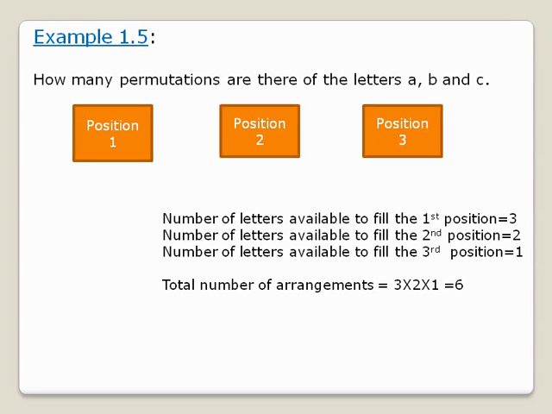After we fill the first position and the second position, we have only 1 letter available to fill the third position. Then the total number of arrangements will be 3 times 2 times 1, which is 6. If you list all these possible arrangements, these are the 6 possible arrangements.